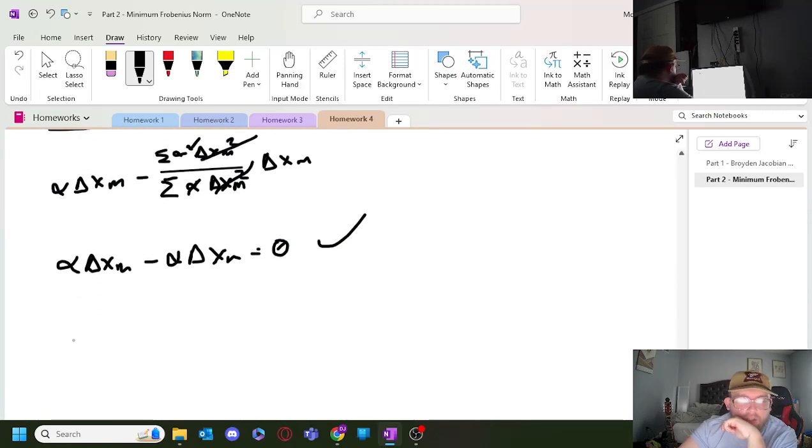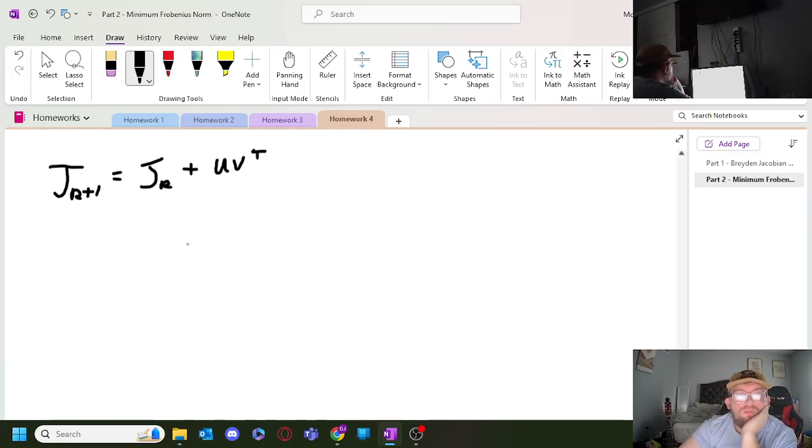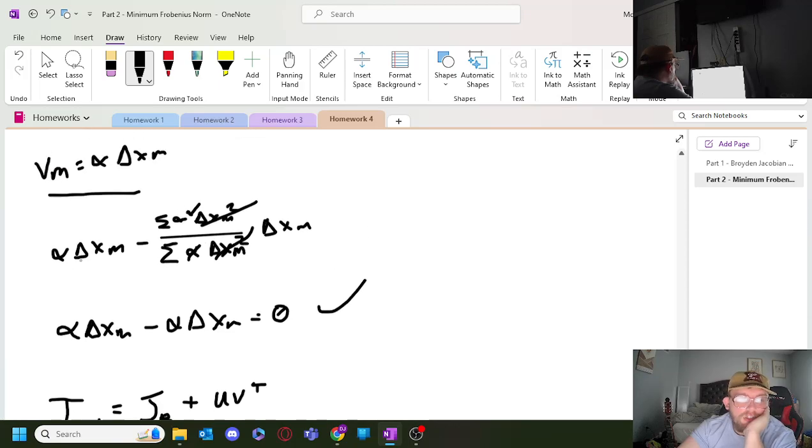So since we know that is true, what we can do is go back here to the original matrix update equation. So jk plus 1 equals jk plus uv transpose. So we know that to be true. But now what we can do is exchange u and v for these other equations here.